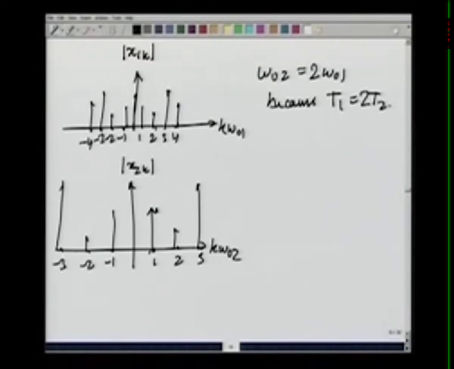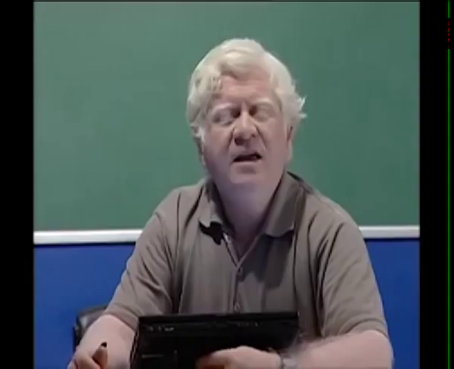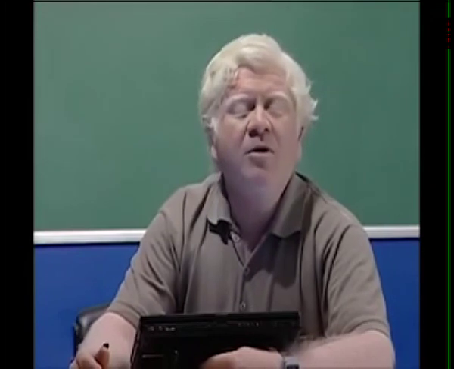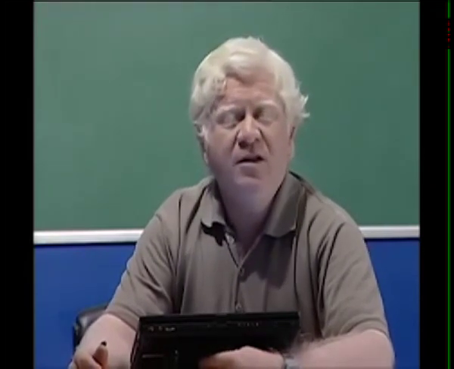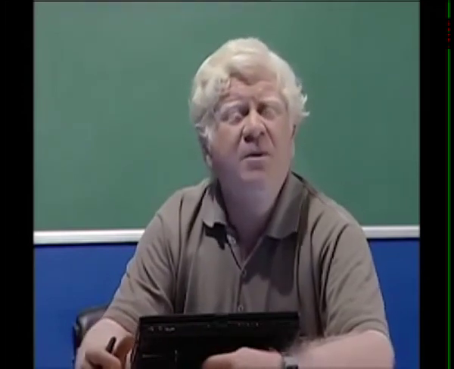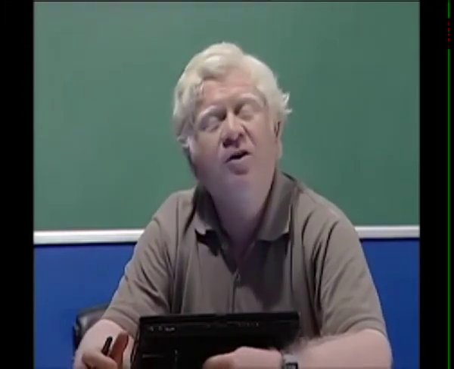The fundamental difference between this plot and the previous plot is that the magnitude spectrum of x 2 t, x 2 k looks extremely sparse compared to that of x 1 k. Now, this is the important significant point about the effect of the period of the periodic signal upon its Fourier spectrum.